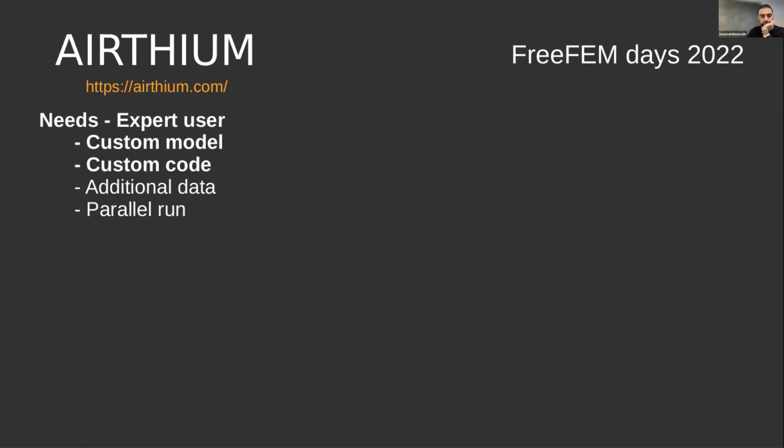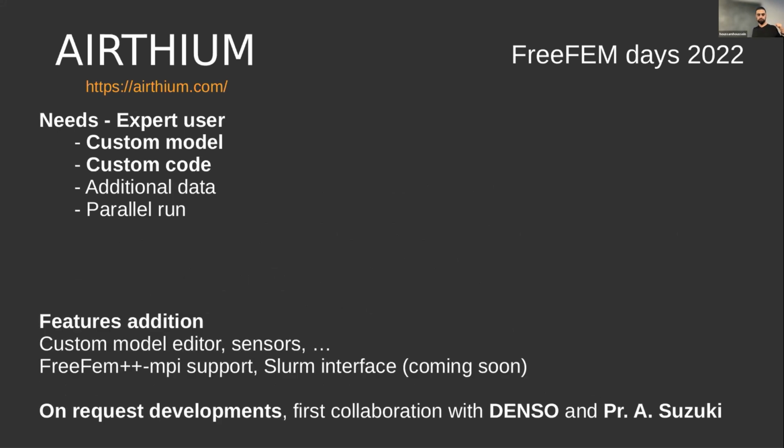And expert users want to write custom models, custom FreeFEM code, and visualize additional data that are not directly coded in the available models. So we added some features: a code editor directly in the application.